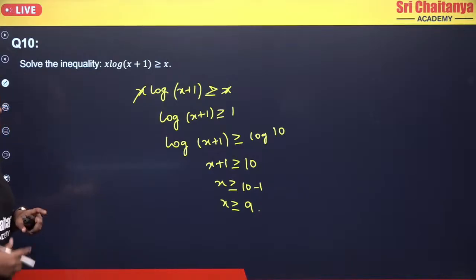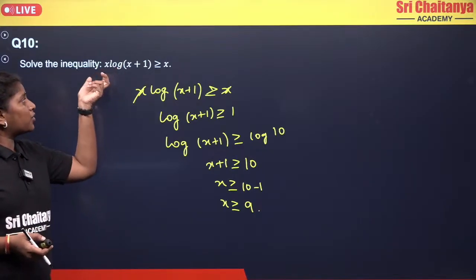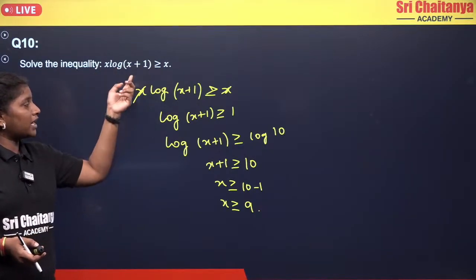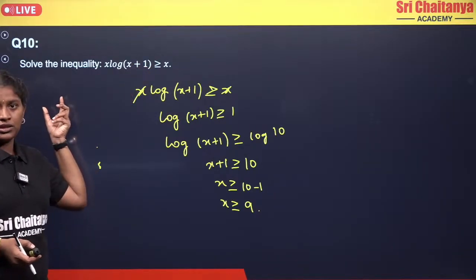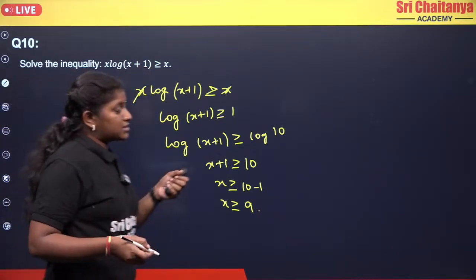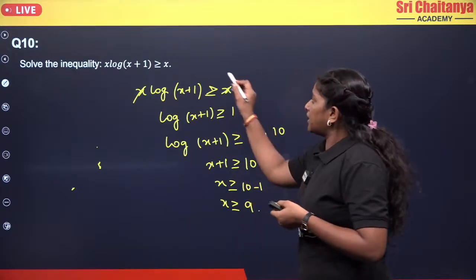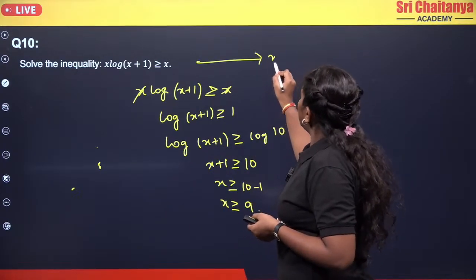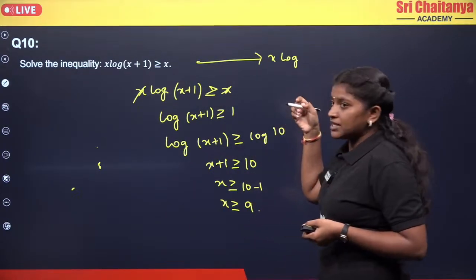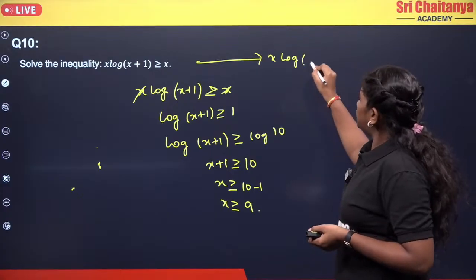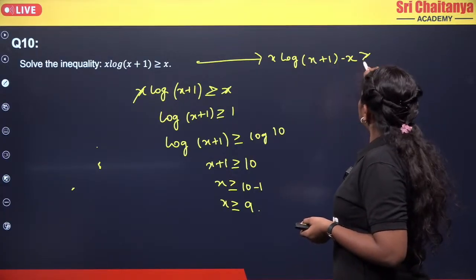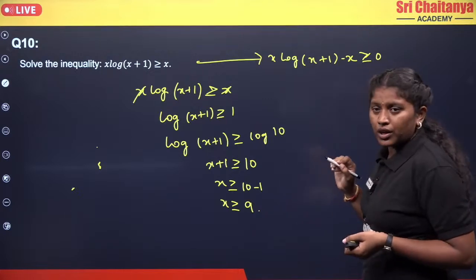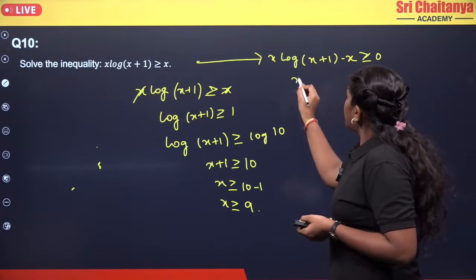Now coming to here, there is another possibility also. Why? Because if I take my x to the other side, I can take x common, right? So whatever equation they give, I can rewrite this as x into log of x plus 1 minus x greater than or equal to 0. Okay, so from this I am taking my x common.